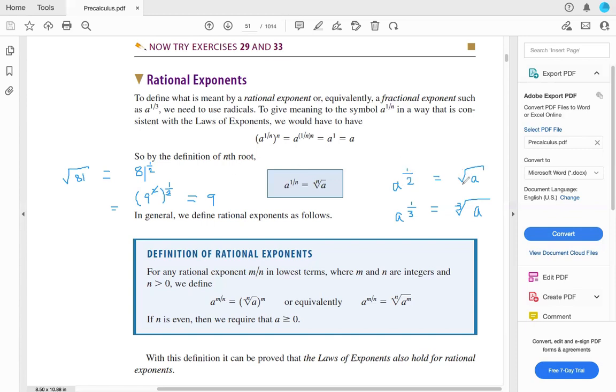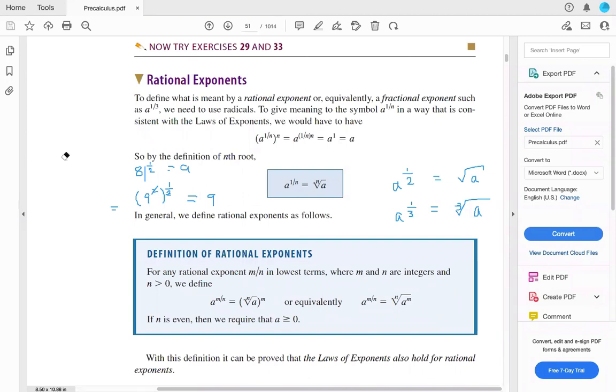This is the reason why the square root can be expressed as a to the 1/2, and this also equals 9. Similarly for a to the 1/3, you can do the proof by yourself.